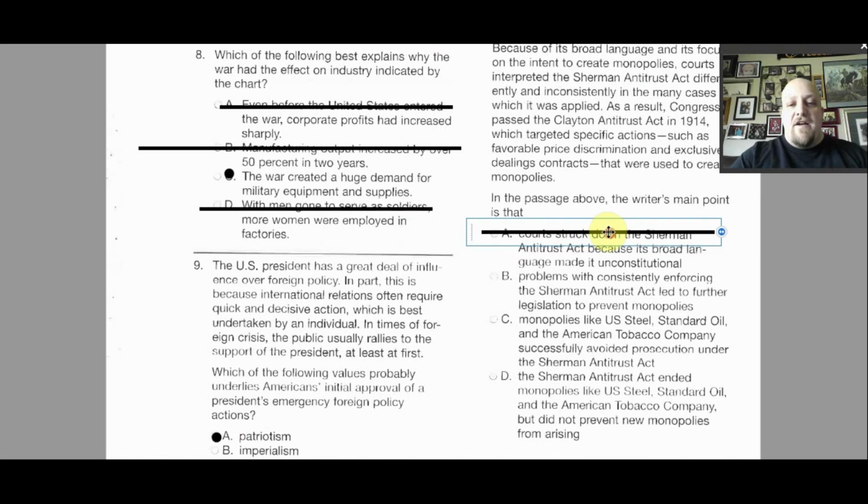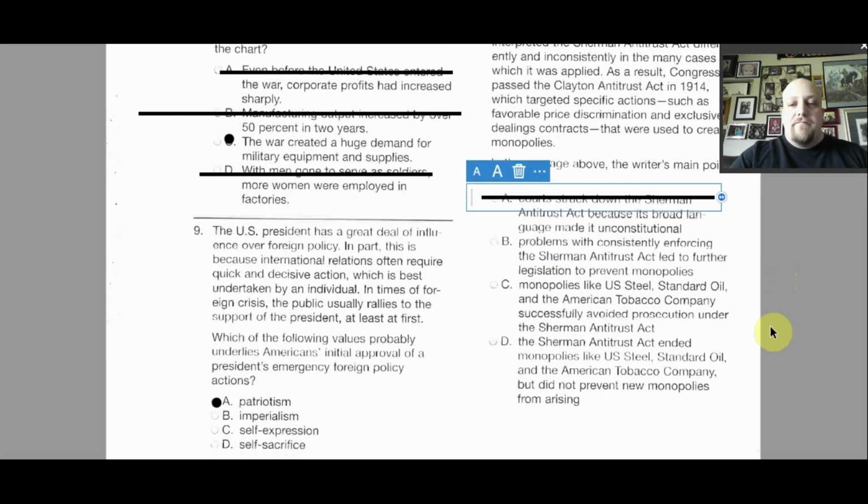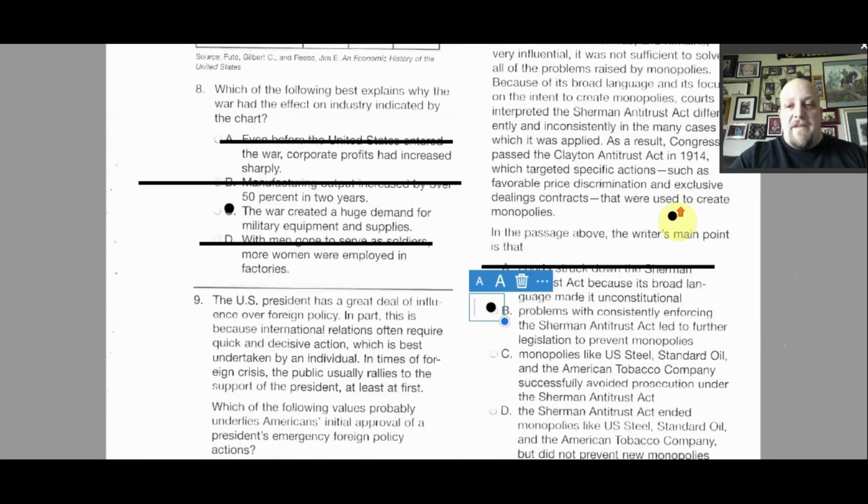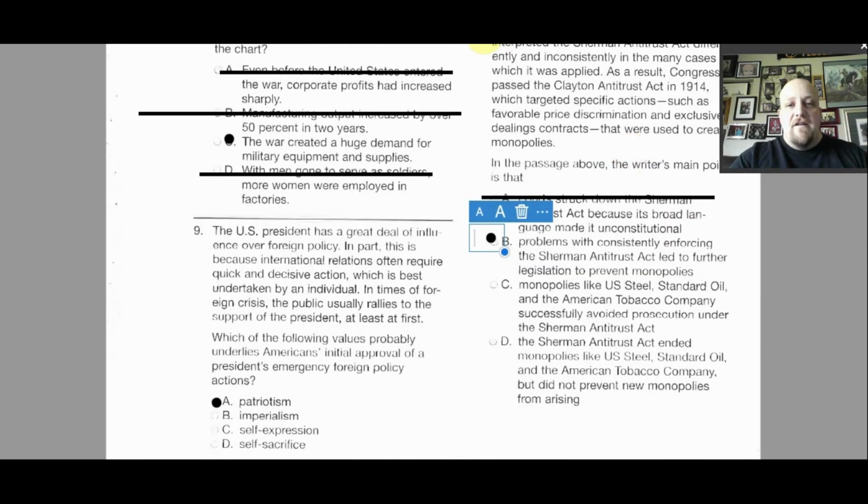So that's not your answer. Problems with consistently enforcing the Sherman Antitrust Act led to further legislation to prevent monopolies. So that's your answer. The reason that's your answer is because it's stated right here. So it wasn't sufficient, right here. So the Clayton Act was created because of that. So that's your answer. We can go ahead and read the other ones.